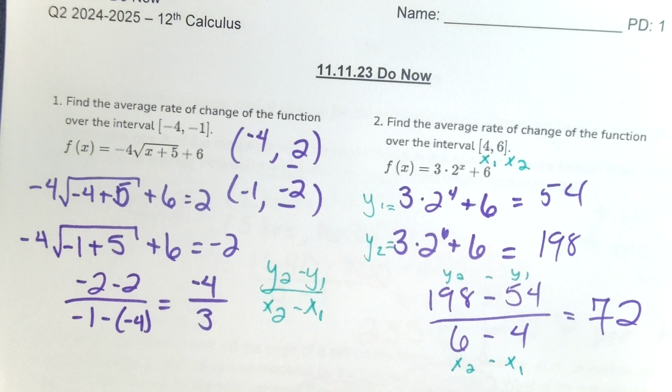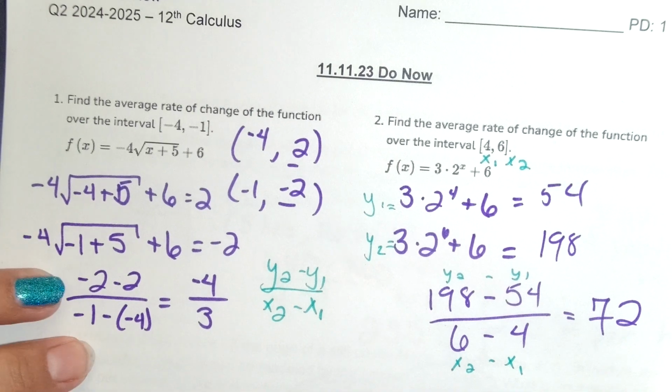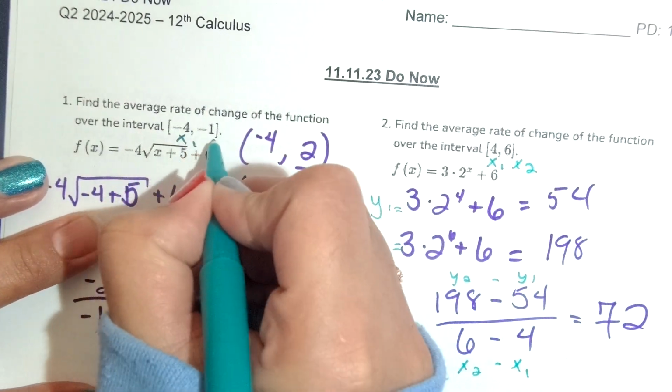For number 1 and 2, how did I get y1 and y2? Substitute. What am I substituting in? X and x. So this is x1, x2.